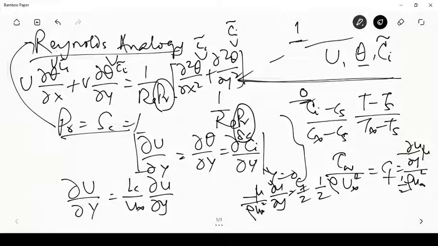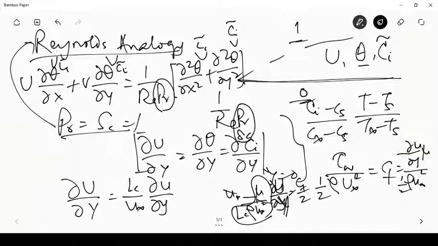And if I write it in terms of the non-dimensional quantity, there will be a u infinity here and an LC here, and this becomes del u by del y. Then one u infinity gets cancelled, and this becomes a 1 over Re.